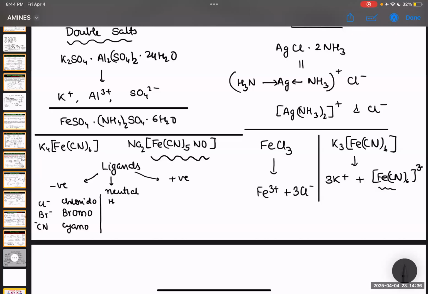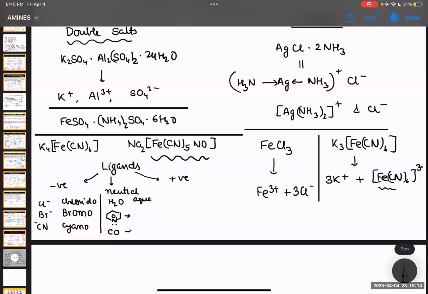What is the name for H2O? Tell me. Aqua. And this is pyridine, right? What is the name for CO? CO is basically carbonyl. Got it? It is carbonyl.